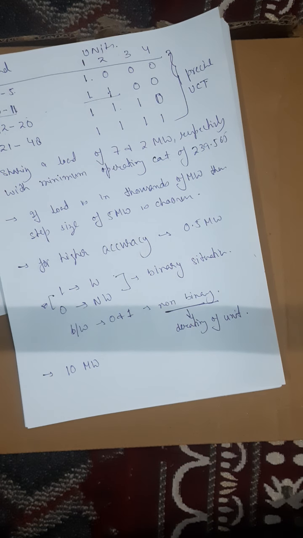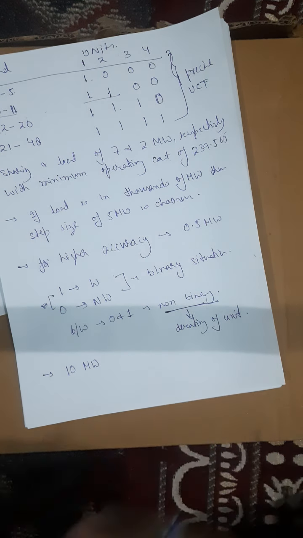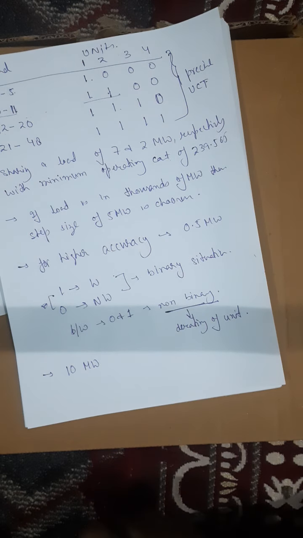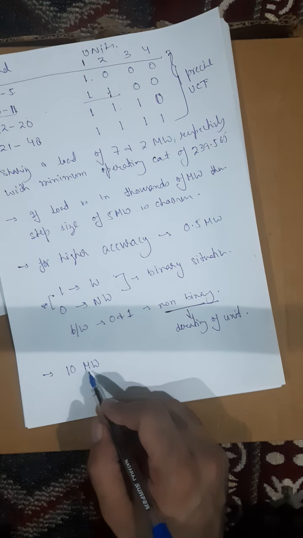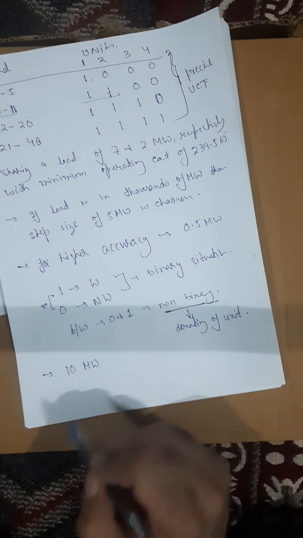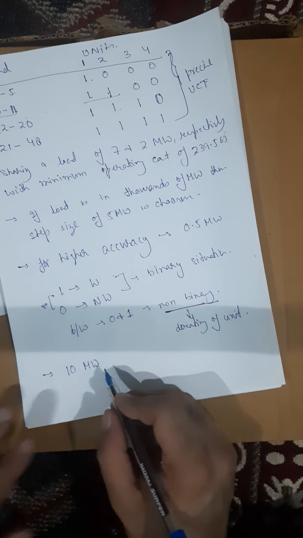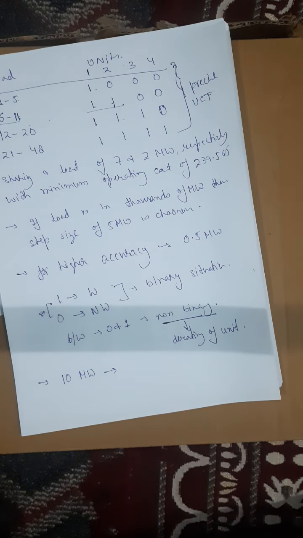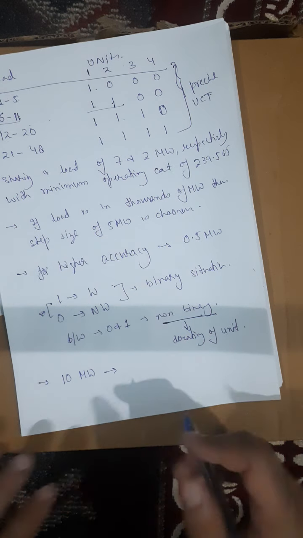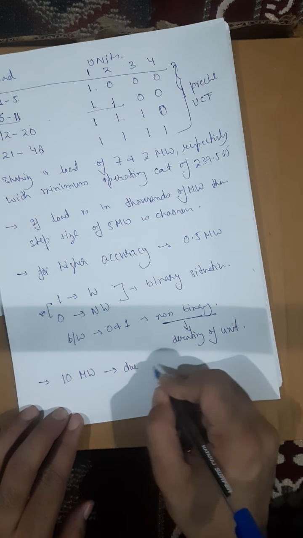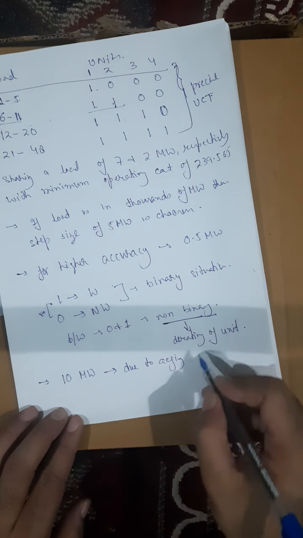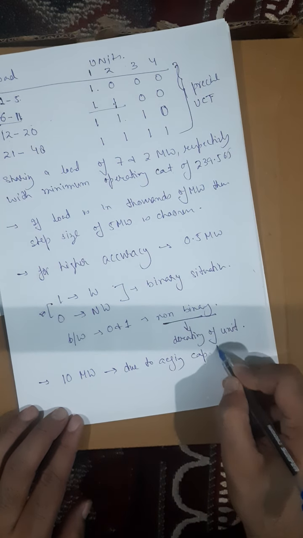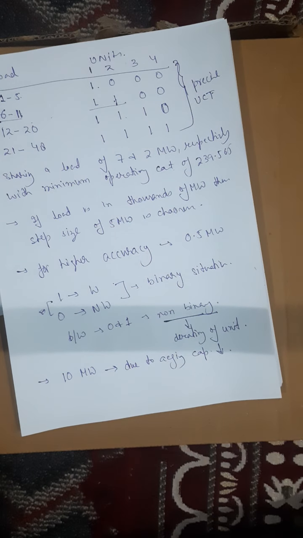As time goes, after 5, 10 or 15 years, the capacity of this unit, though it was 10 megawatt, will not remain 10 megawatt. With time the capacity decreases. It is called aging. Due to aging, capacity decreases.